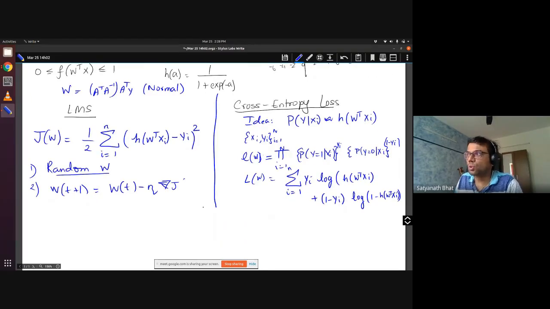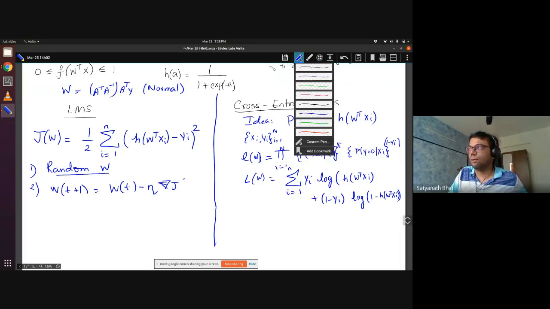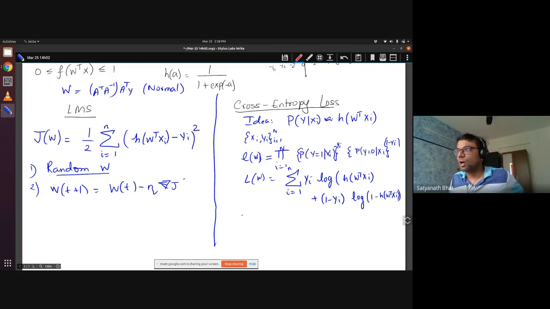If you maximize the likelihood, you are done. But we like costs because all our things we have been dealing with cost. So instead of trying to maximize the likelihood, we will consider J of W equal to negative L of W. If you maximize the likelihood, it is as though you are minimizing the cost because of the negative sign.